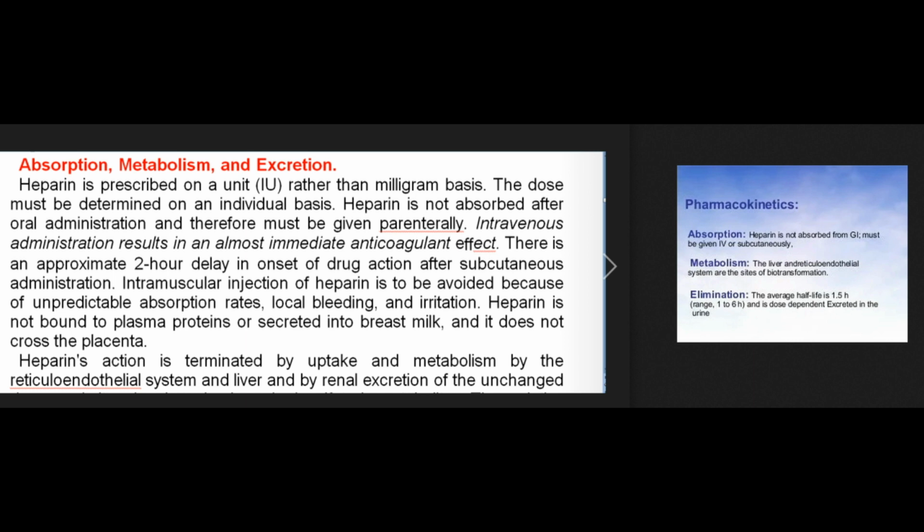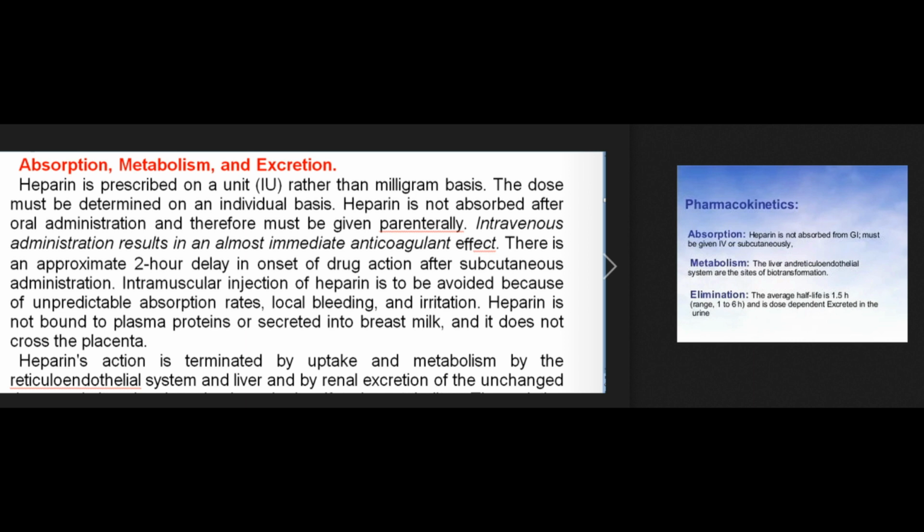There is an approximate 2-hour delay in onset of drug action after subcutaneous administration. Intramuscular injection of heparin is to be avoided because of unpredictable absorption rates, local bleeding, and irritation. Heparin is not bound to plasma proteins or secreted into breast milk, and it does not cross the placenta.